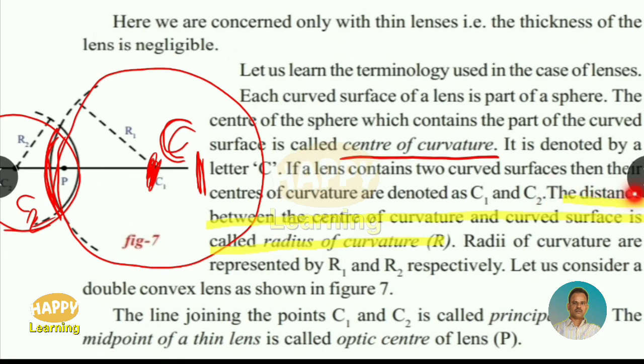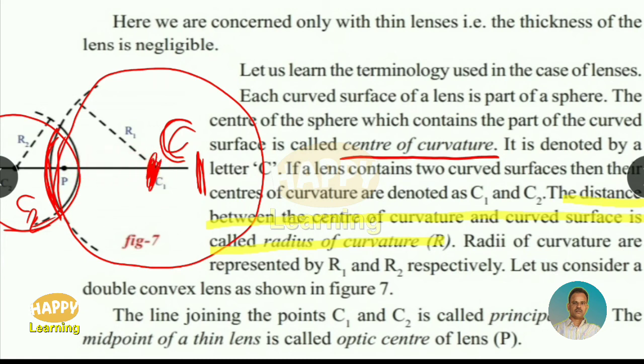Okay, right. The distance between the center of curvature and the curved surface is called radius of curvature R. This is the center of curvature and this is the curved surface, the point P, the pole P. From P to C1, this distance is called radius of curvature.